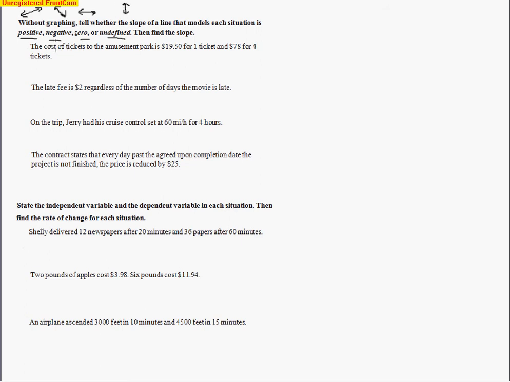So it says the cost of a ticket at an amusement park is $19.50 for one ticket, $78 for 4 tickets. Notice that the price increases and the tickets increase. So our y values increase as the tickets also increase. Now I know that the y value represents the dollars because that is a dependent variable, where the number of tickets is independent.